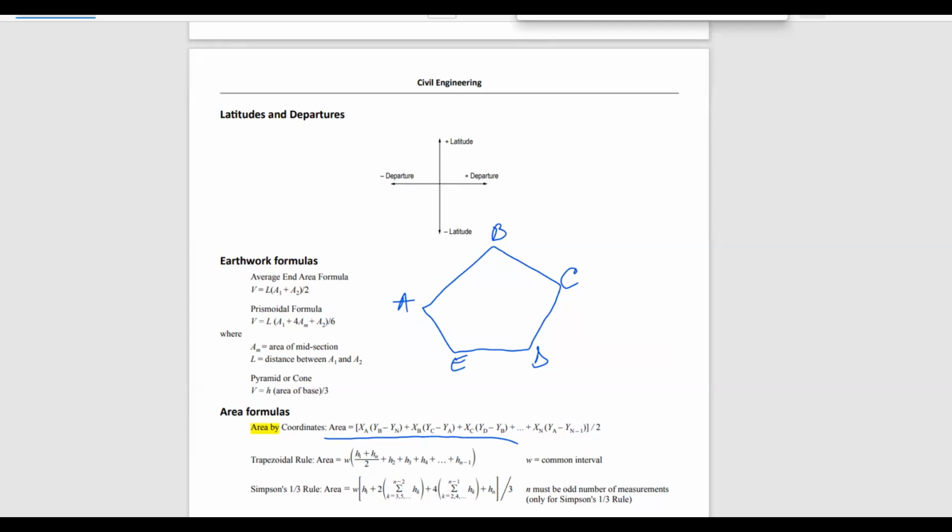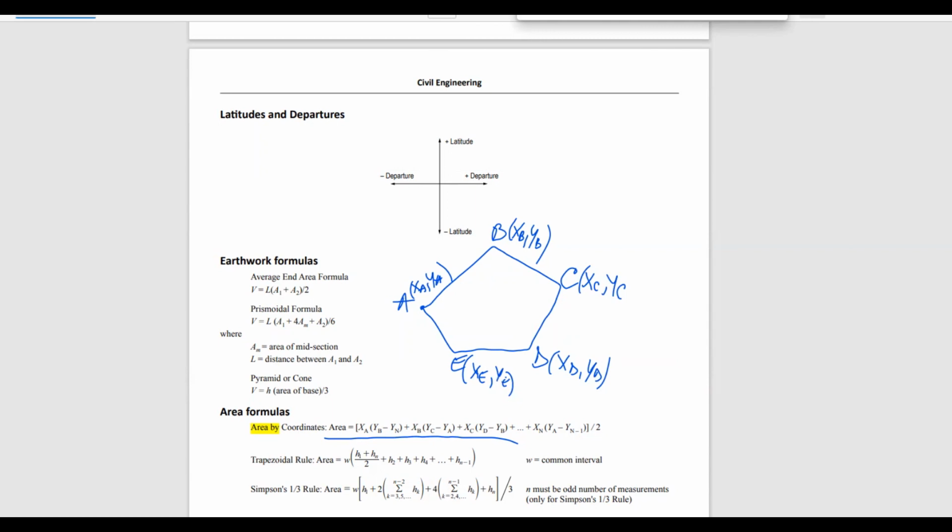Let's follow this pattern here in the problem. Let's say we start at point A. Point A has coordinates XA, YA. Point B has coordinates XB, YB, then XC, YC, XD, YD, and XE, YE.